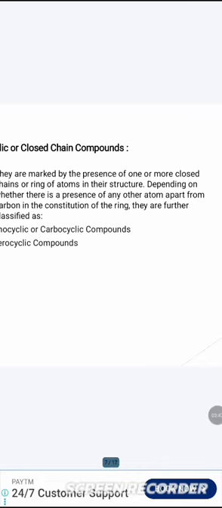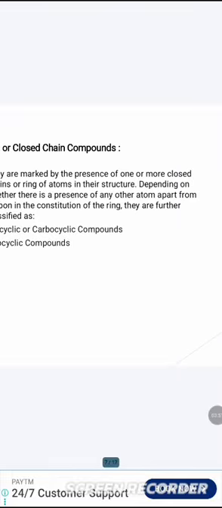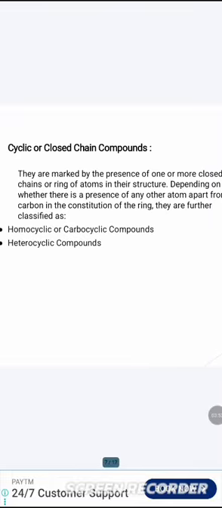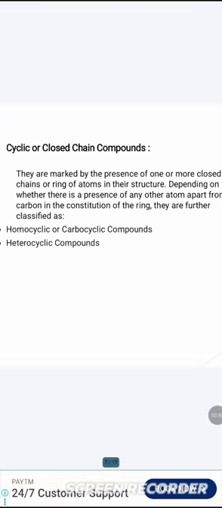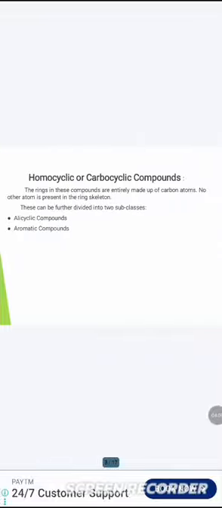The next, cyclic or closed chain compounds. They are marked by the presence of one or more closed chains or rings of atoms in their structure. Depending on whether any atom other than carbon is present in the ring, they are further subdivided into homocyclic or carbocyclic compounds, and heterocyclic compounds.